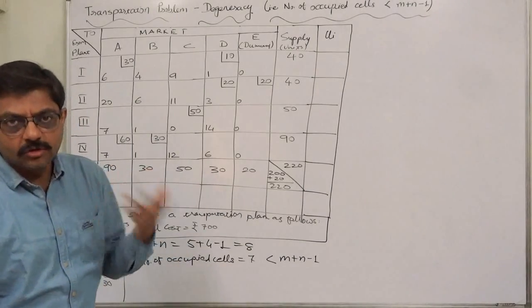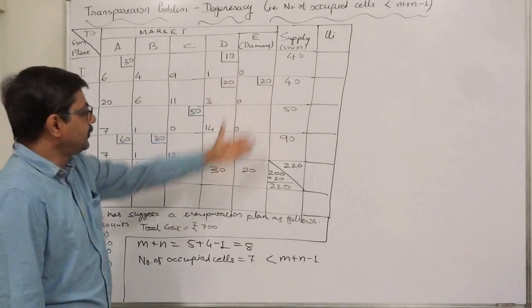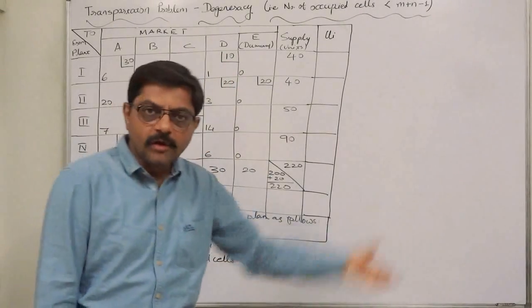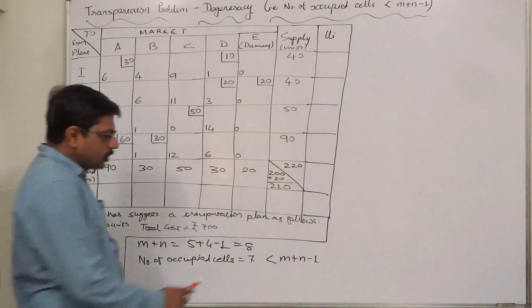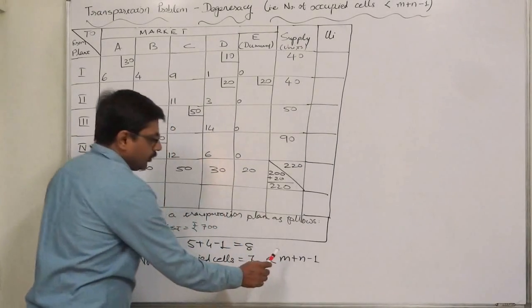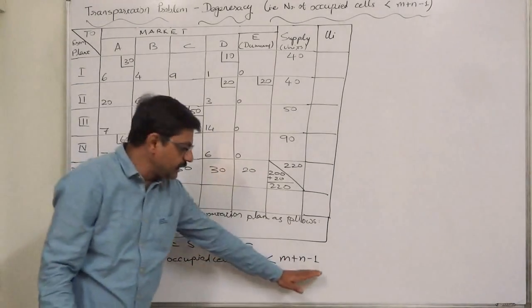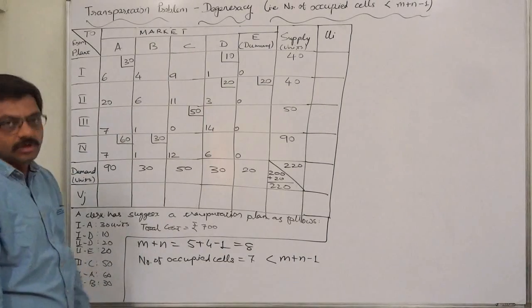And if it is not optimal, we cannot reach the optimal solution by the path of closed loop. So it is utmost necessary to have the number of occupied cells at least equivalent to this number. And as we can see, in this case they are not.